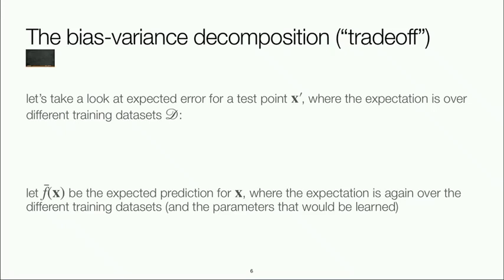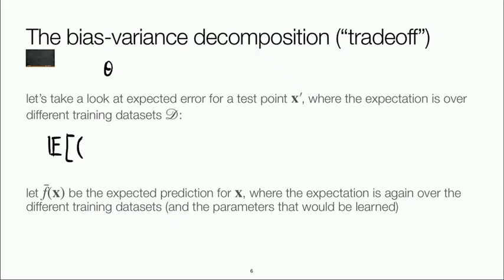So the way that we're going to write this is an expectation. Actually, let me define a little bit of shorthand first. Here are our model parameters theta. But now, because we're assuming that the training data set is a random variable, the theta that I learn is a function of that data set.